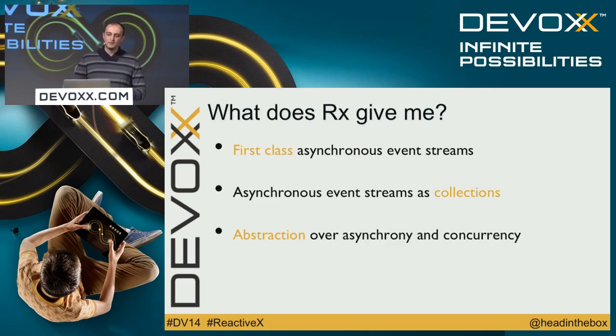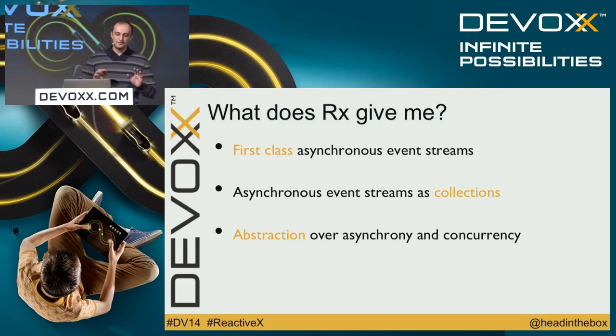Now, another thing that observable gives us, and that is more or less just like futures, is abstraction over asynchronous computing and concurrency. We abstract away the details of handling asynchronous events and propagating them through to several subscribers, or observers. Sorry, I have to clarify.